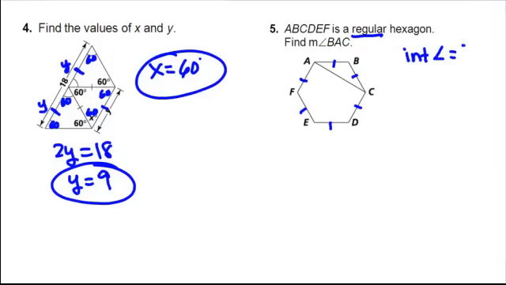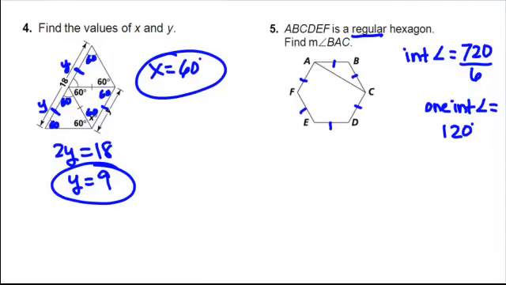The answer is 720 degrees. I'm going to divide this equally amongst 6 angles. And if I do that, one interior angle is equal to 120 degrees.